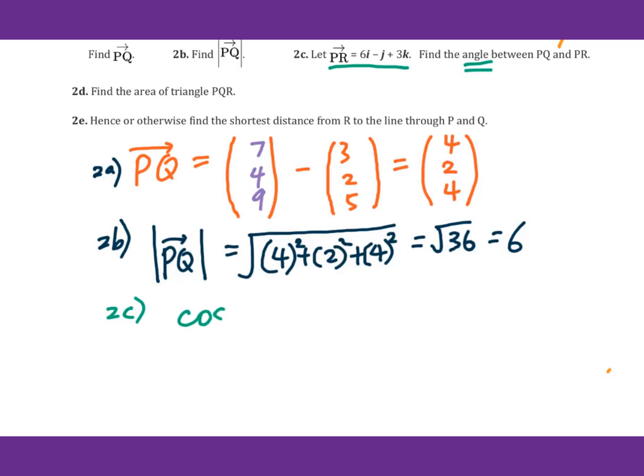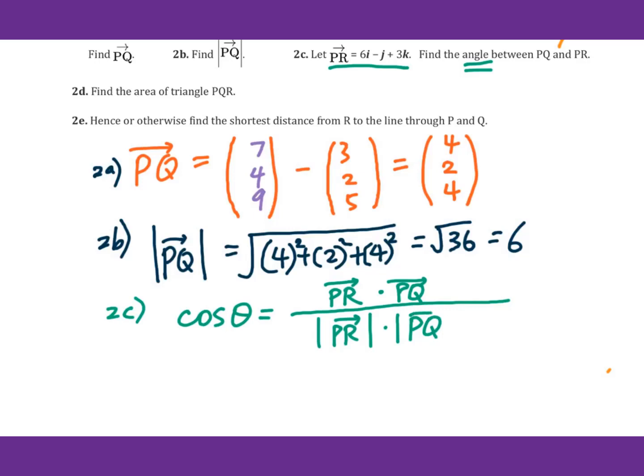For 2c, if PR equals this, find the angle between PQ and PR. So we're using cosine theta equals PR dot PQ, divided by the magnitude of PR times the magnitude of PQ.